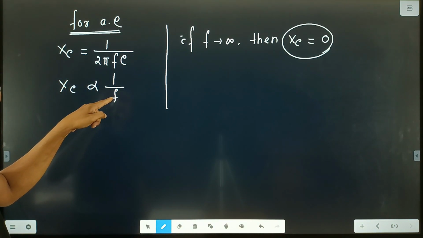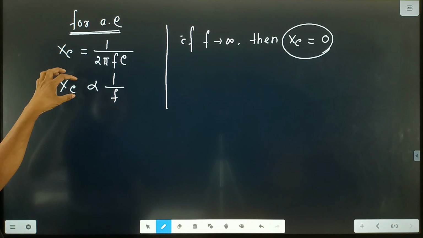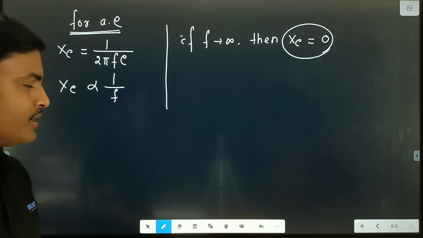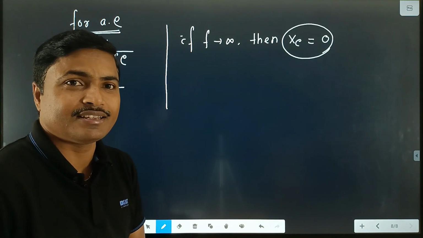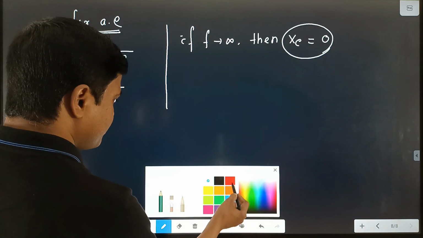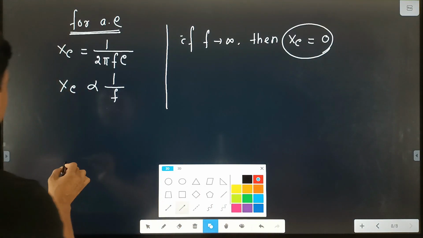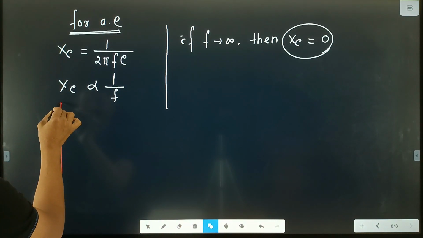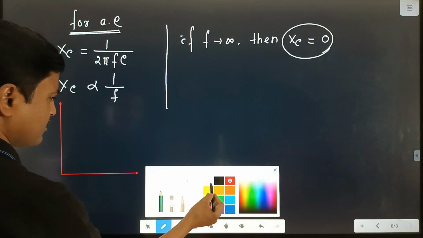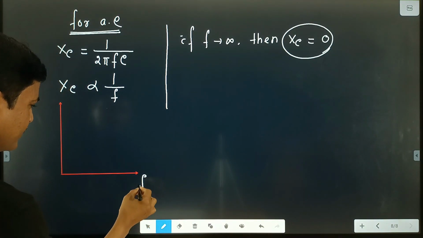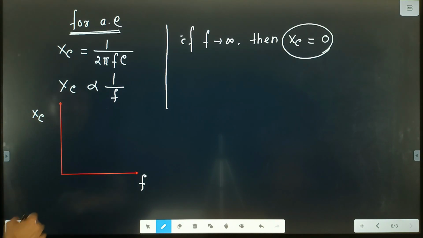If frequency is very small, then capacitive reactance is there. If we increase the frequency, then capacitive reactance gradually decreases. If we draw a graph between XC and f, suppose on the x-axis we take frequency and on the y-axis we take capacitive reactance.